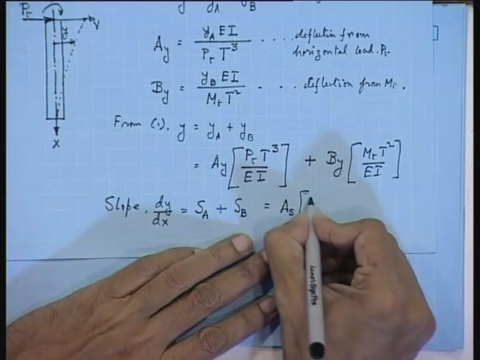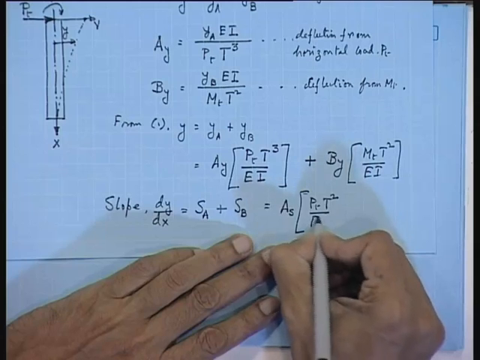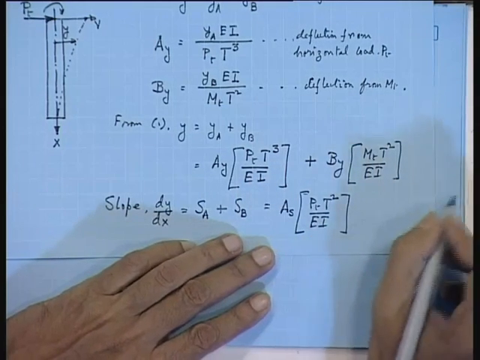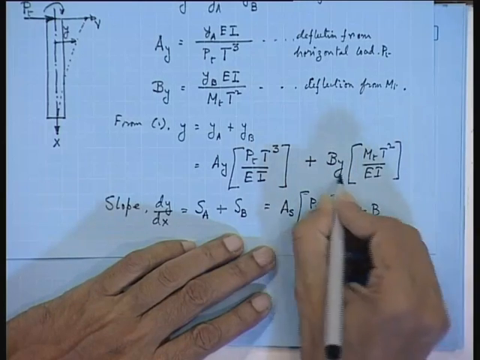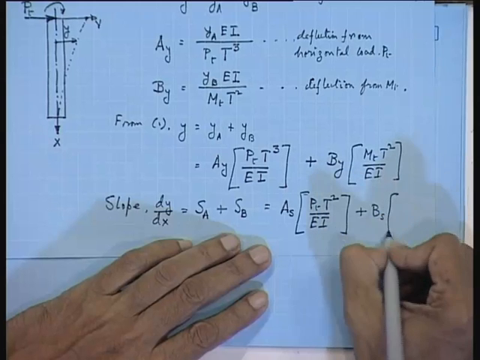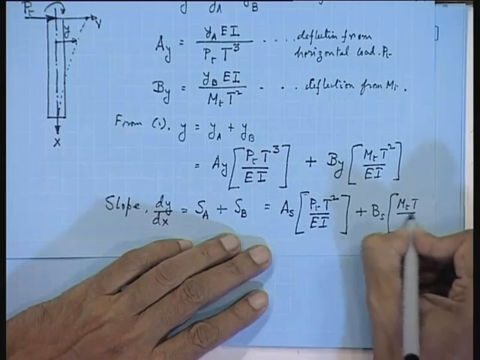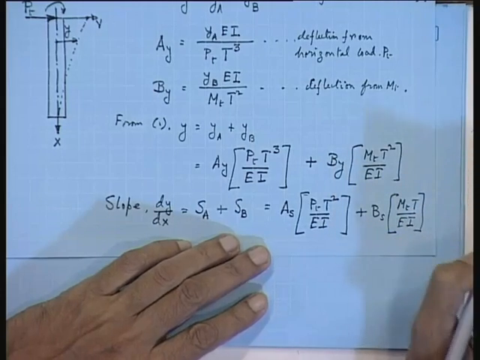That is the way it has been done. So, this becomes EI. Similarly, you differentiate this one. This will give you Bs. Now, these coefficients will change because you are taking this out. So, this will be MT T over EI. So, we have got this slope equation.